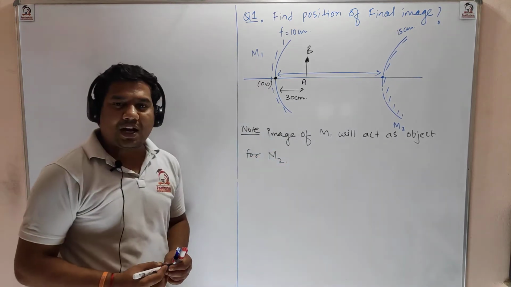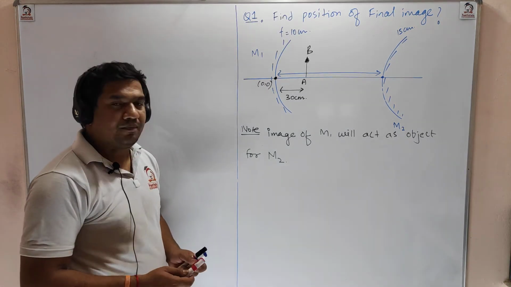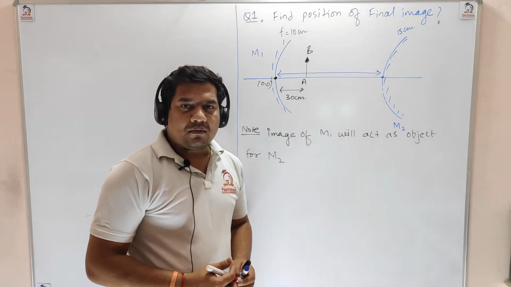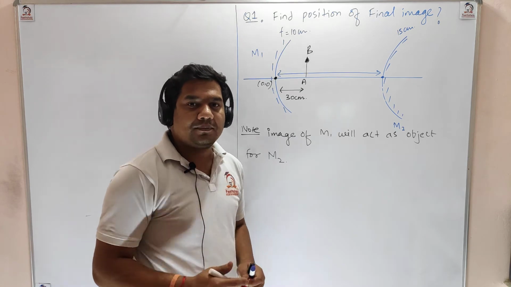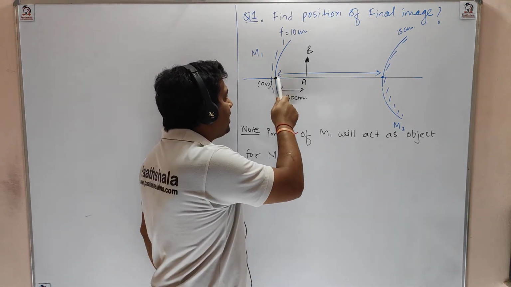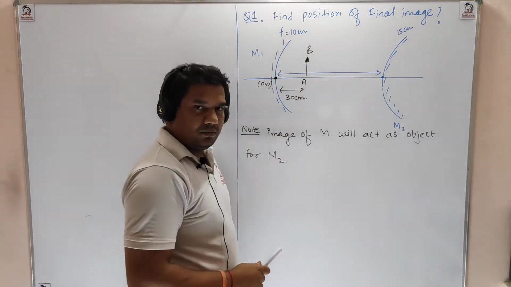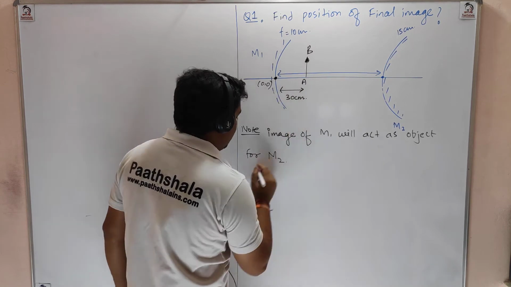So let's try to find where the image of M1 will form with the help of the mirror formula. But we cannot use our old sign convention. Now remember, because we are making an image with M1, that's why the pole of M1 is the origin. So your object distance is plus 30 in this case.